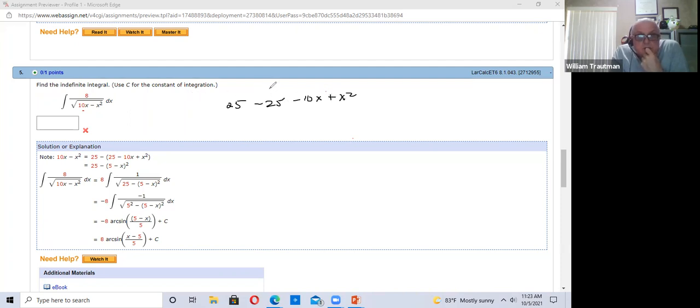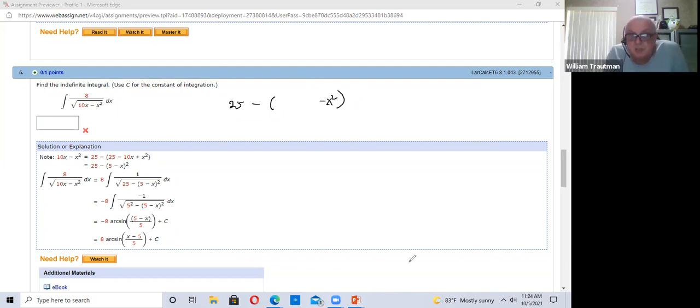If I guess I won't do it that way. This is the way I look at it. We put a 25, we put a minus, and then we have everything inside here. But we have to change the signs.